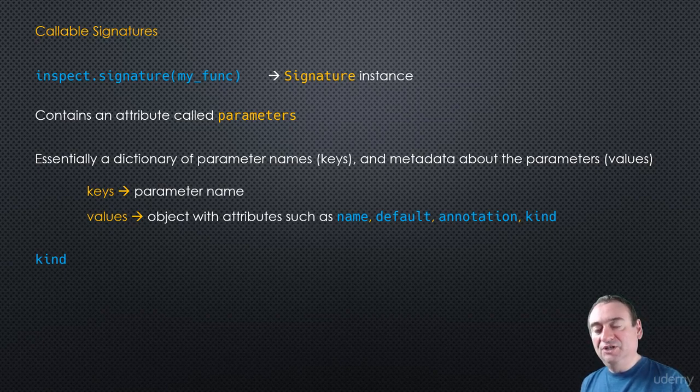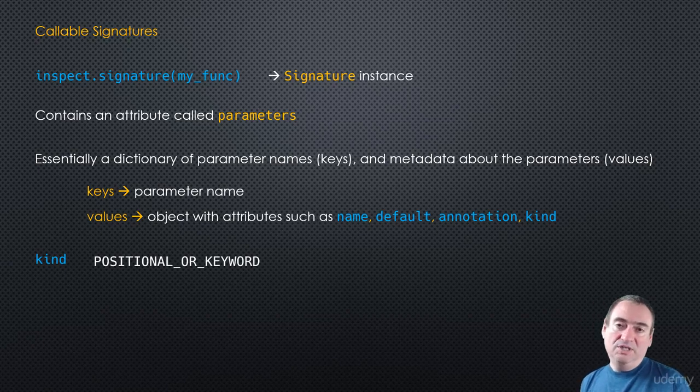Remember when we define functions, we have different types of parameters. We have positional parameters. We have those star and star star parameters. We have keyword only parameters. Well, that's what kind will tell us. It will tell us what it is. Positional or keyword is the one that we've been talking about as positionals. Remember that when we define a positional parameter in a function, when we call the function, we have a choice of either passing in a positional argument or naming the argument using the keyword, right?